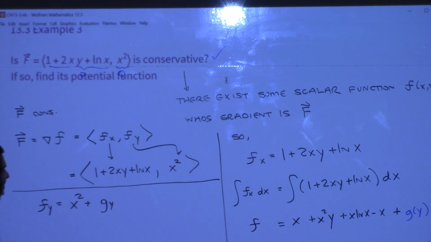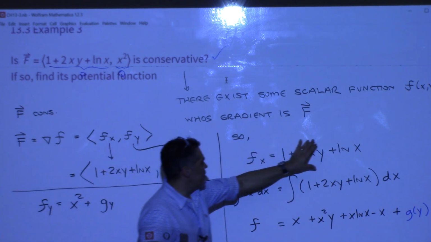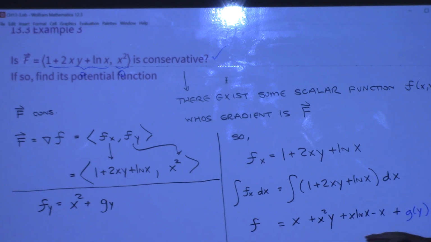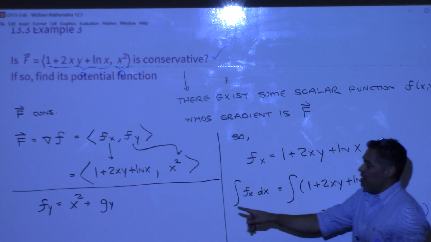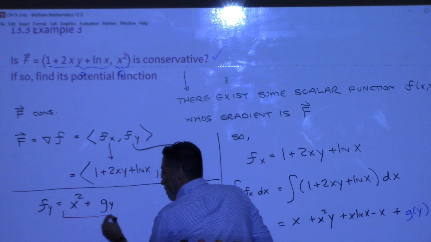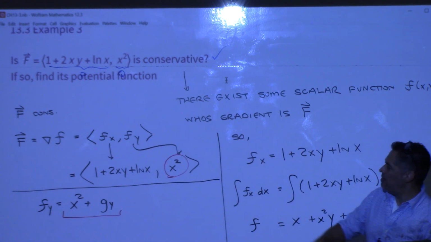All right. Let me back up real quick. We said, hey, we know what this is, right? That's what it is. We integrated with respect to x, and that allowed us to find f within some function of y. Now we're going to be clever, differentiate that with respect to y, and we get this. And what do we know that this must be? This must be this, right? Because that's what they were given.